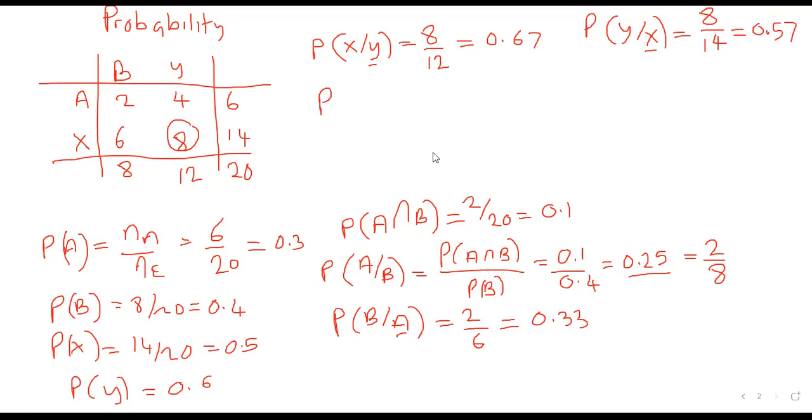What is A union B? What's the formula for A union B?